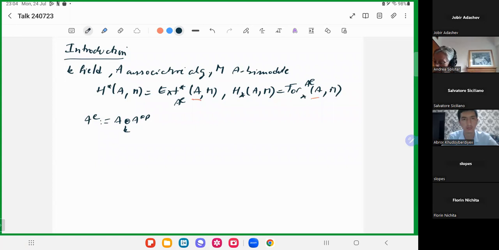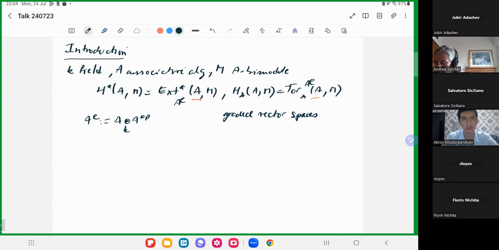They are both graded vector spaces, but the interesting thing is that they have a lot of additional structure. All this structure gives important invariants of the representation category, the module category of the algebra.